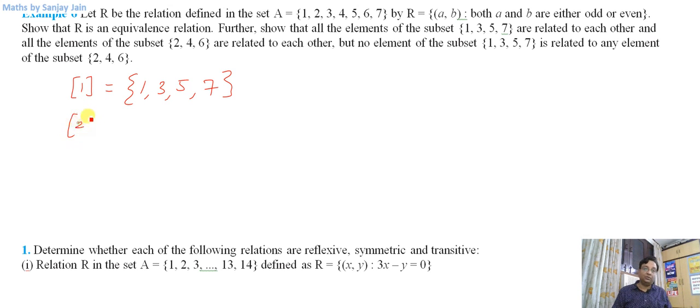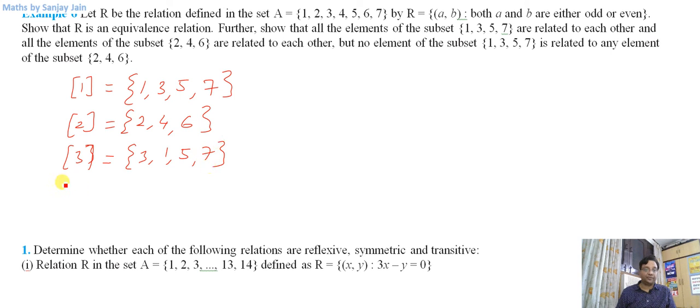What about the equivalence class of 2? It will be related with itself, then 4, then 6. 3 will be related with itself, 1 5 7. 4 will be related with itself, 2 6.